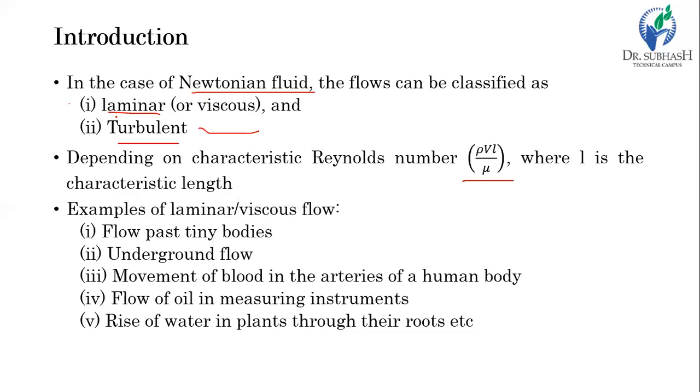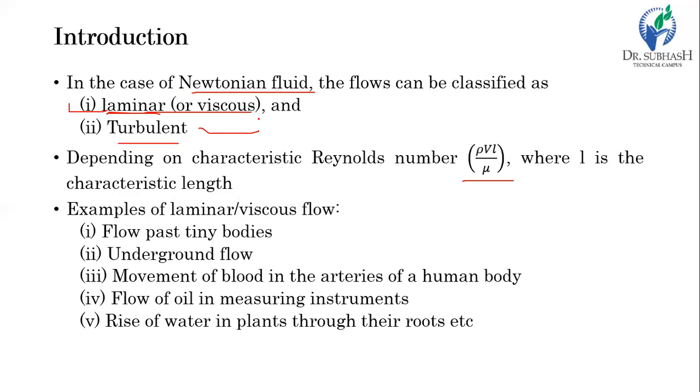In this chapter, we will concentrate on flow with a Reynolds number less than 2,000, that is, laminar flow or viscous flow. The governing equation will be Newton's law of viscosity.